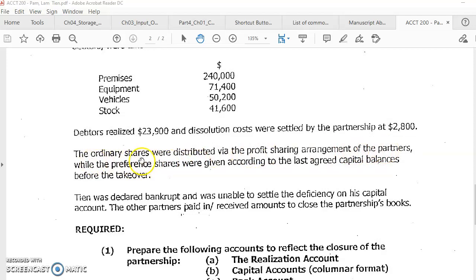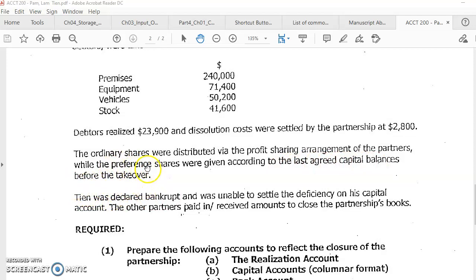The ordinary shares were distributed via the profit sharing arrangement of the partners, and this was stated in the earlier video: when the ordinary shares are issued, you have to use the profit sharing ratio of the partners to distribute the value of those shares among the partners, while the preference shares would be distributed to the partners according to their last agreed capital balances before the takeover.